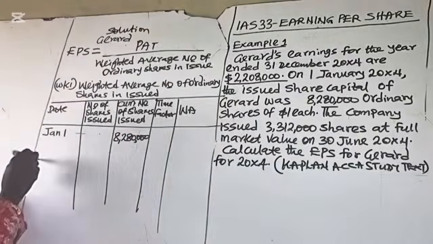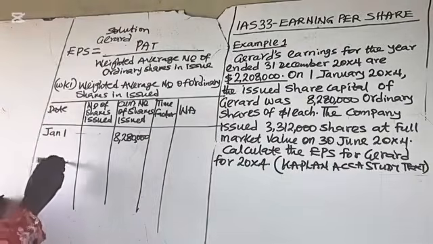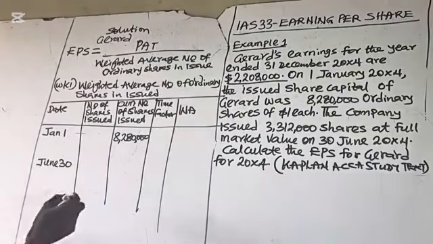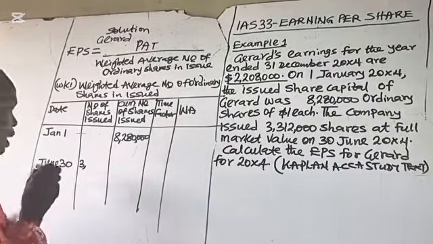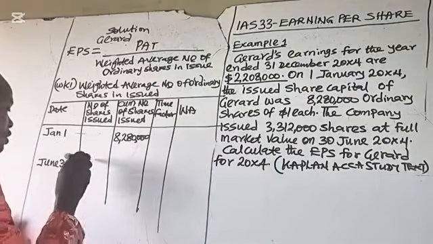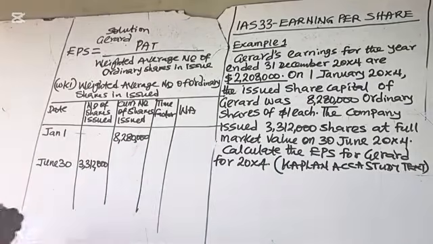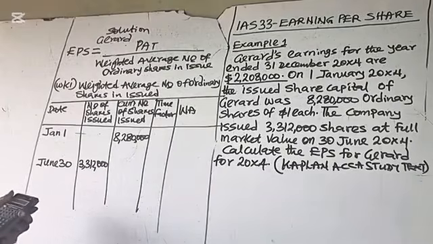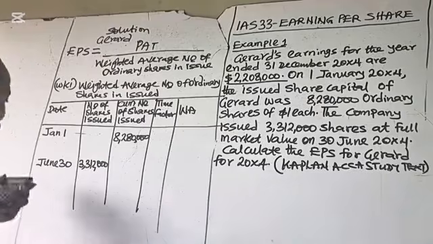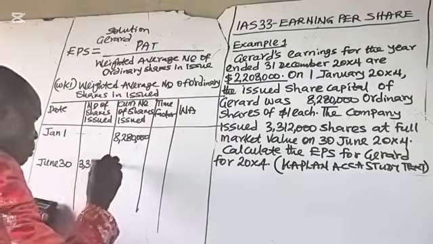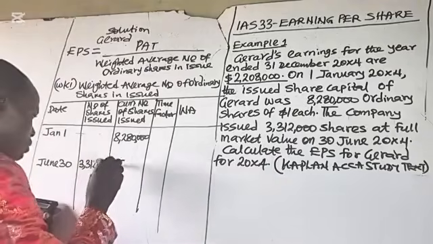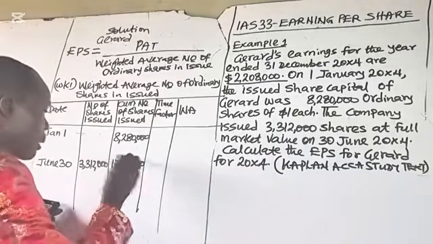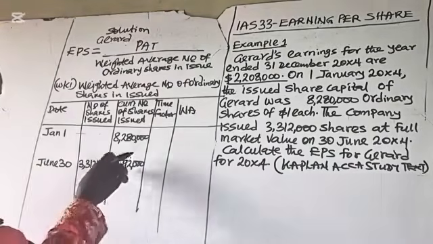On June 30, another shares were issued. The shares issued is 3,312,000. So the cumulative shares now will be 8,280,000 plus 3,312,000. So the cumulative number of shares as at the end of June is 11,592,000.